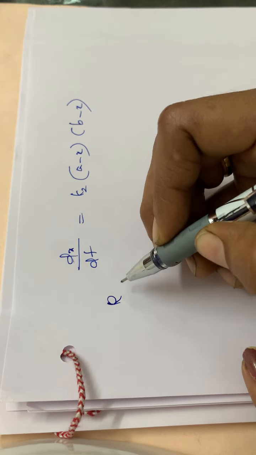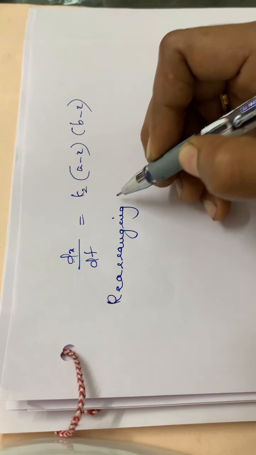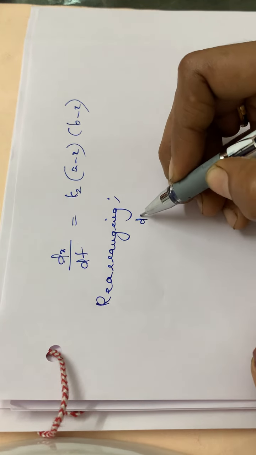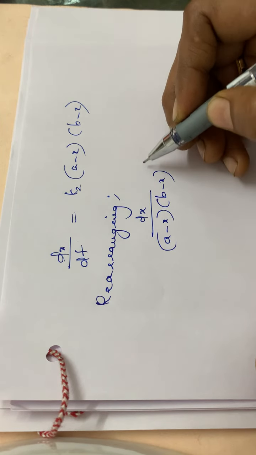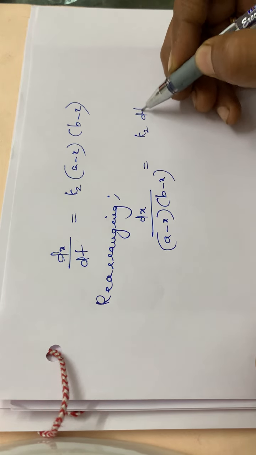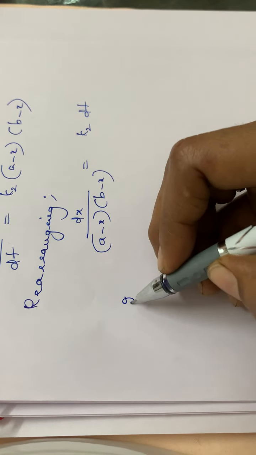Again, what is the next step? Rearranging this equation: dx divided by A minus X into B minus X is equal to K2 into dt. Then the next step is integrating.